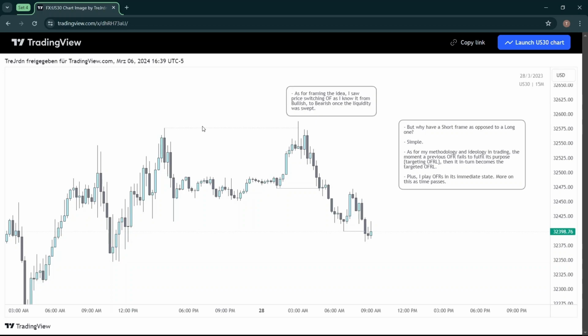If you don't use numbers and just use words, if you see a mitigation happen followed by a sweep, switching order flow, confirmation of the actual order flow range being valid in regards to directional bias, framing the idea, and they know with a high degree of certainty that once they have an order flow range liquidity high or low being created as a target, then they could say, you know what, the idea is already framed.